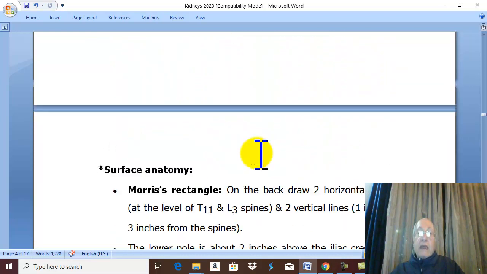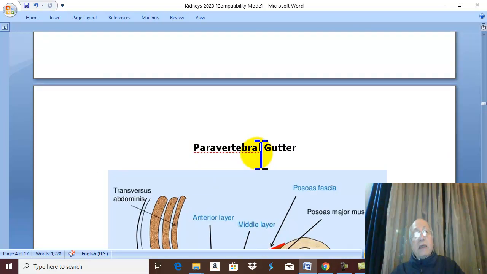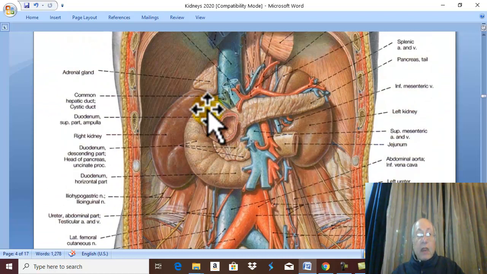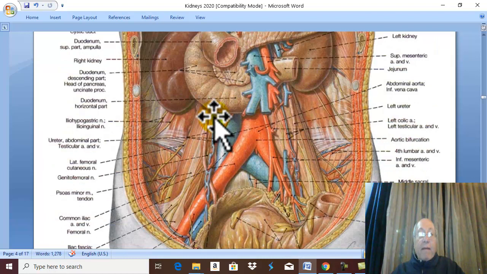The posterior relation of the kidney is closely related to muscles. Any perinephric inflammation around the kidney will irritate this muscle, which is called psoas major muscle.